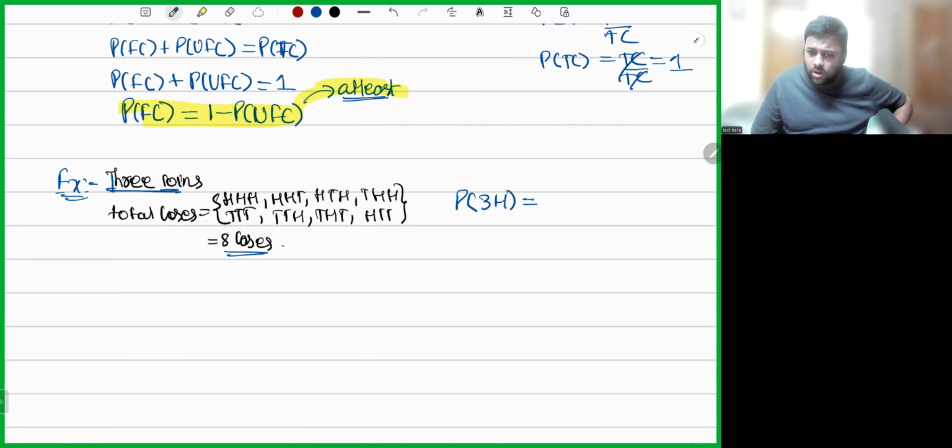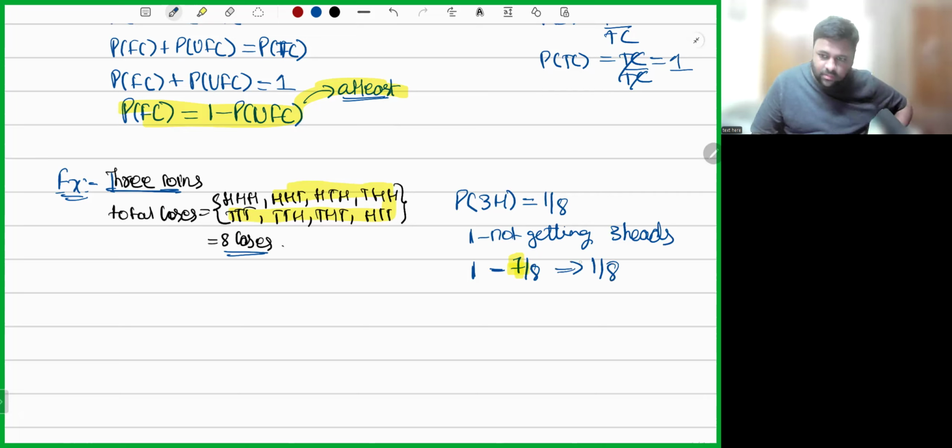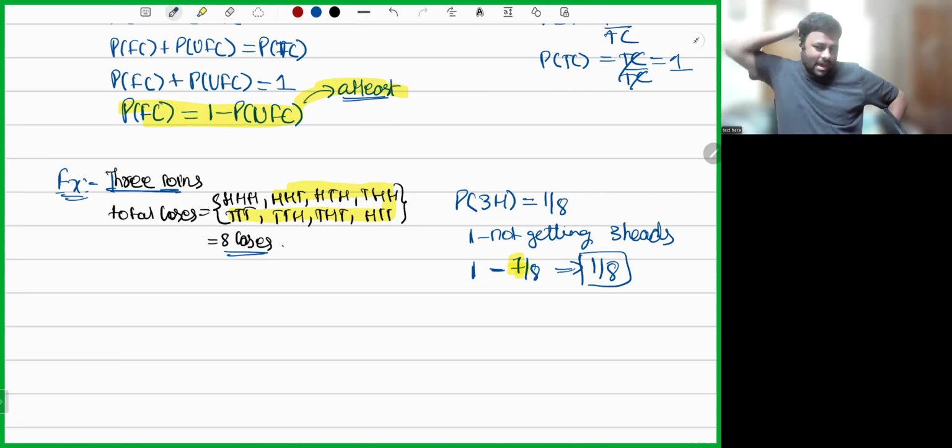What will you tell? 1 by 8. Instead, can I do like this: 1 minus not getting 3 heads? In how many cases you didn't get 3 heads? In 7 cases. 1 minus 7 by 8. Even there, you will get the same answer, 1 by 8. Instead of eating directly like this, you are eating like this. Okay, simple.